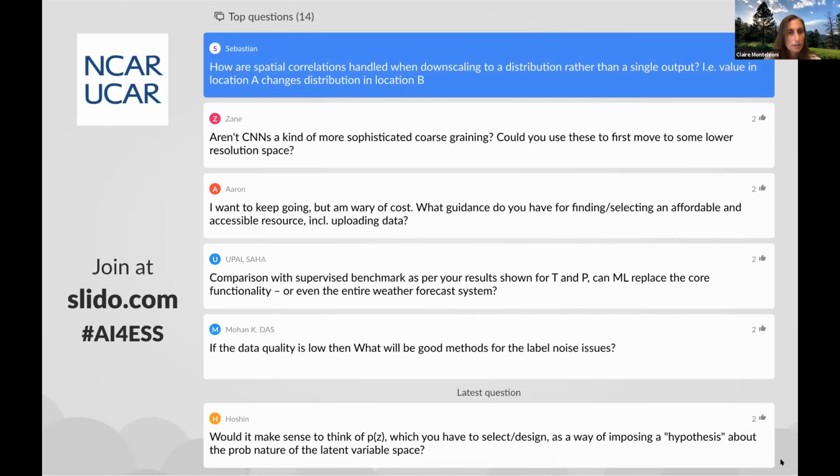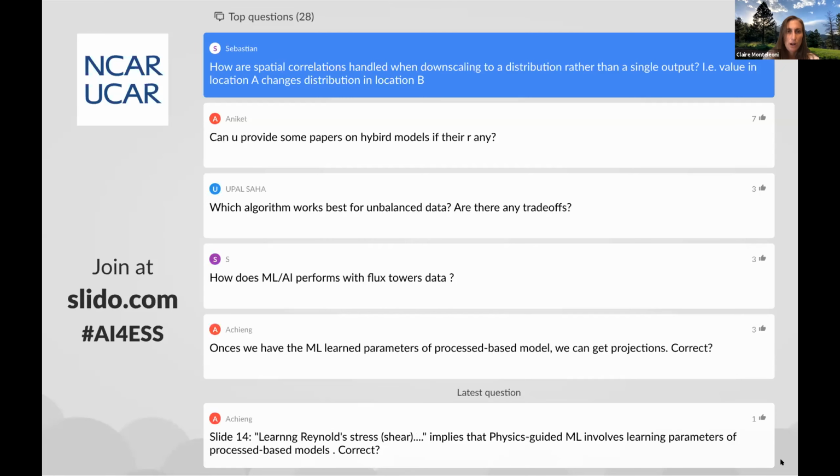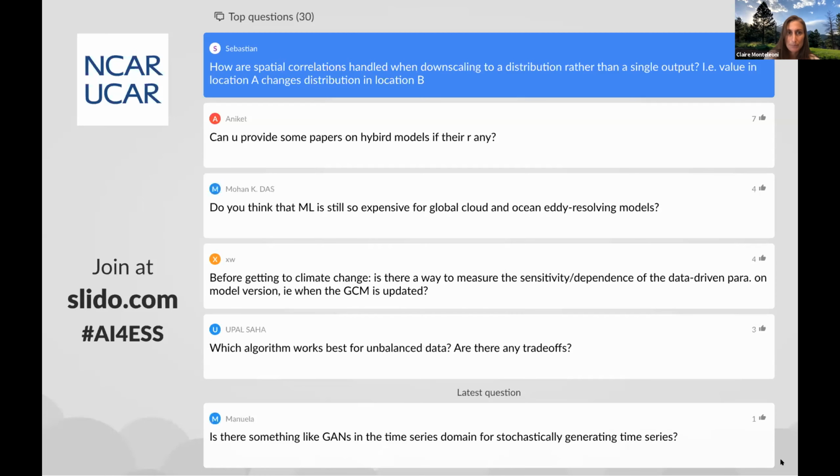So I'm answering Sebastian's question. There might be a way to map to distributions over locations, but actually the way we were doing it was our model would have a distribution over such maps.